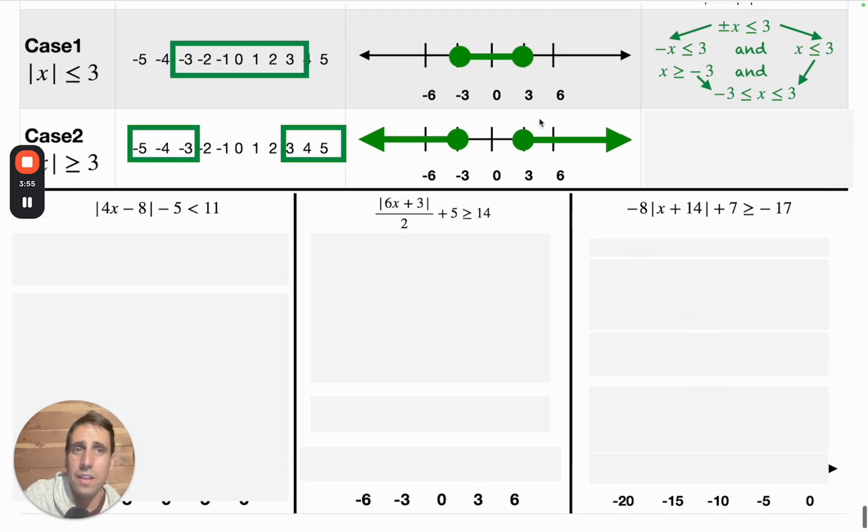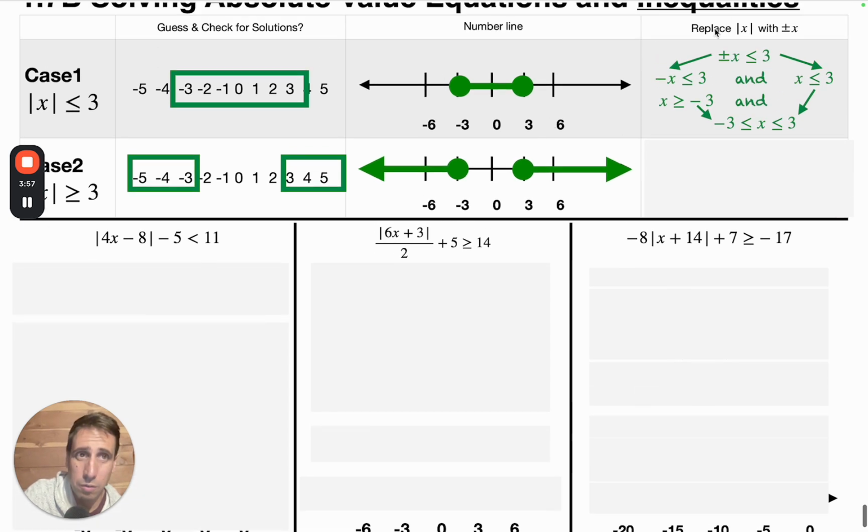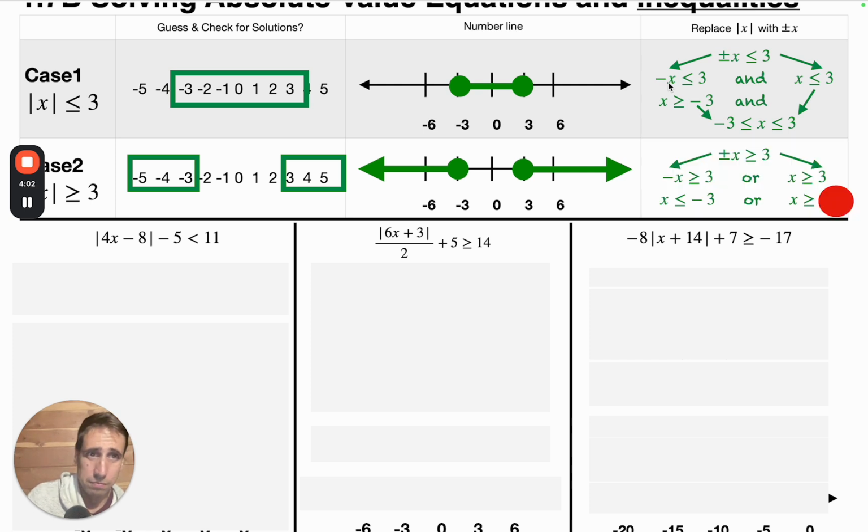The way we can get to that algebraically is we're going to replace the absolute value of x with plus or minus x. Plus or minus x, there's two versions. There's the positive version, x is greater than or equal to 3, and then there's the negative version, negative x is greater than or equal to 3. Getting rid of the negative symbol, you've got to multiply both sides by a negative number, that's negative 1, and then it becomes x is less than or equal to negative 3.